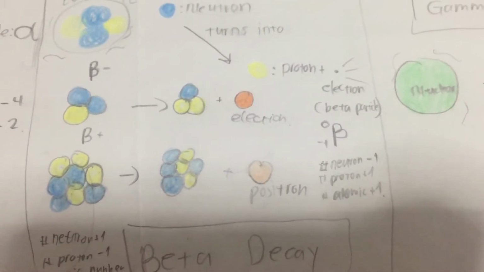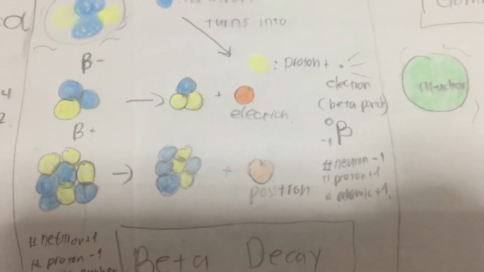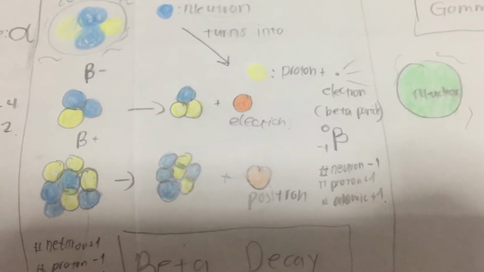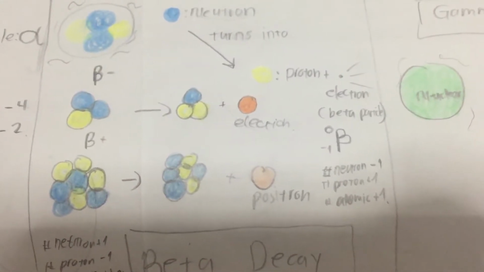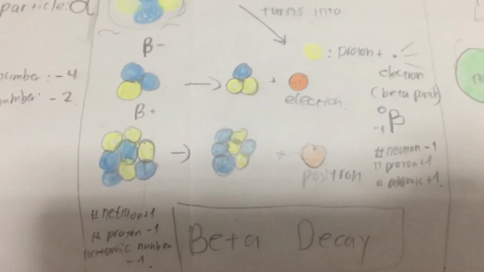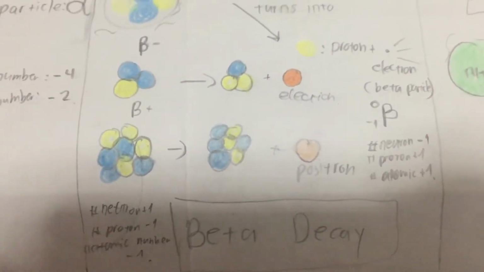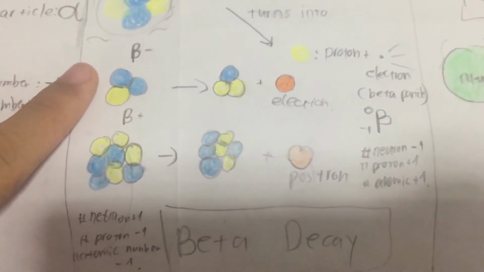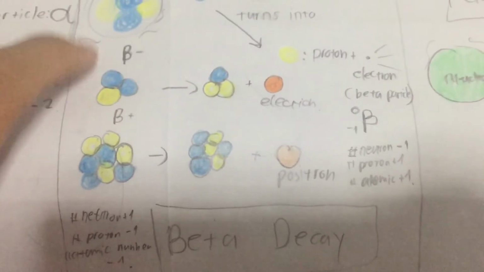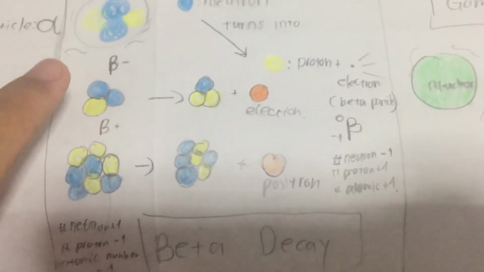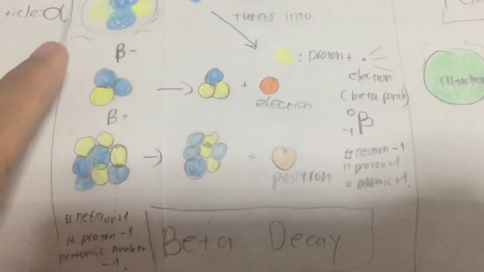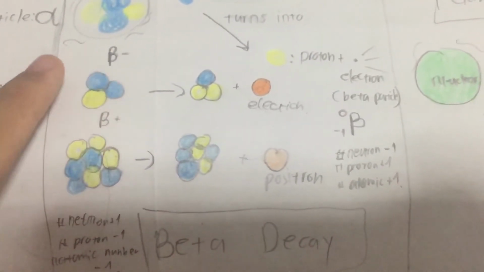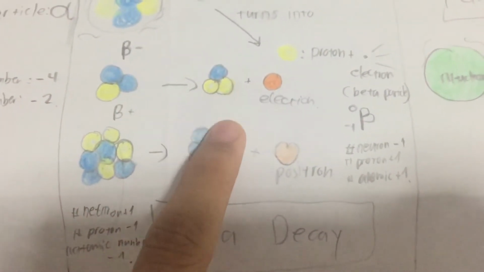However, in beta decay, there are two reactions and two decays. First is beta minus decay, in which a neutron, the blue one, turns into a proton. You can see there are two blue and here are two yellow.